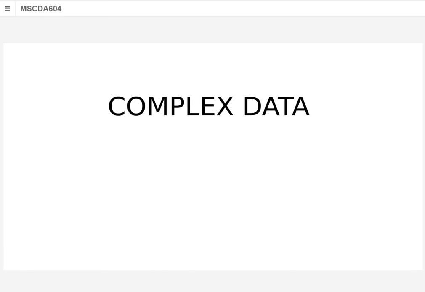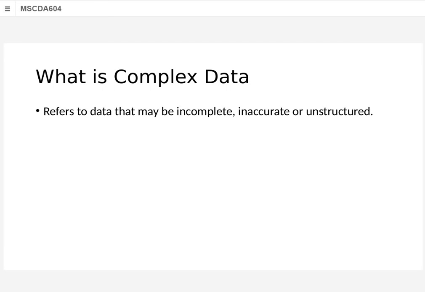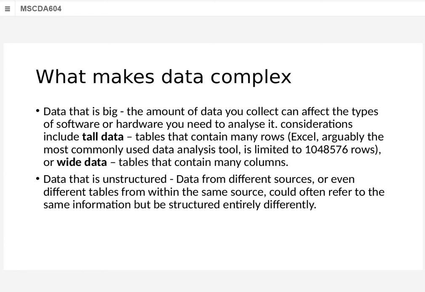Complex data refers to data that may be incomplete, inaccurate, or unstructured. So what makes data complex? Data that is big. The amount of data you collect can affect the type of software or hardware you need to analyze it with. We have stored data that have many rows, and we have wide data, that is many columns.